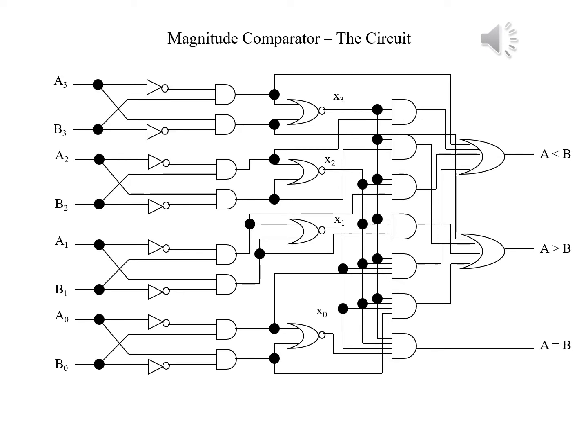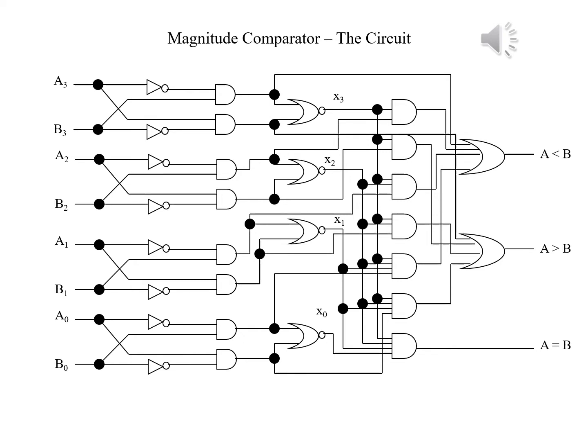Here you see the circuit for the magnitude comparator. You'll see all the way on the left, A3, B3, A2, B2, A1, B1, A0, B0. And you'll notice in every case, the appropriate pair are ANDed together. In every case, you'll see the complement of one and the normal form of the other.